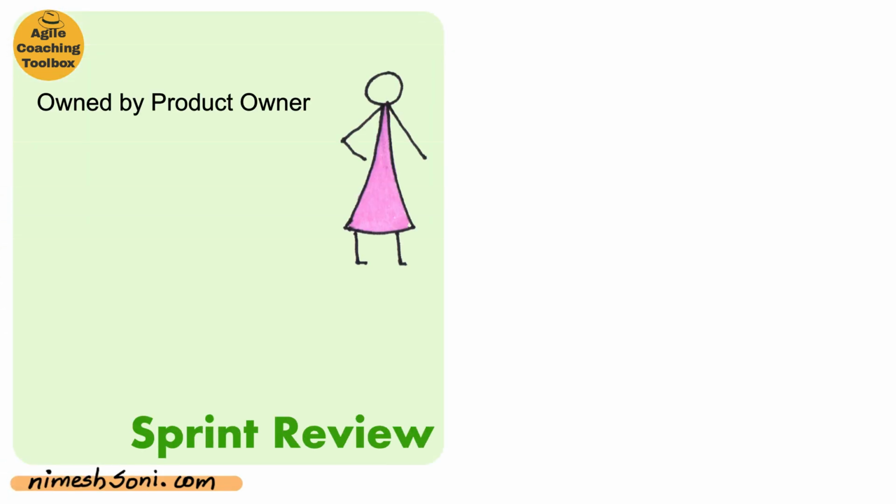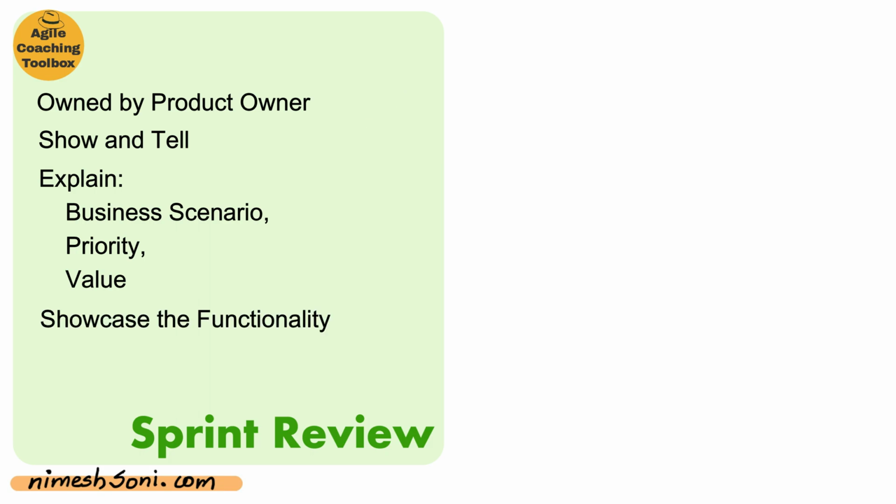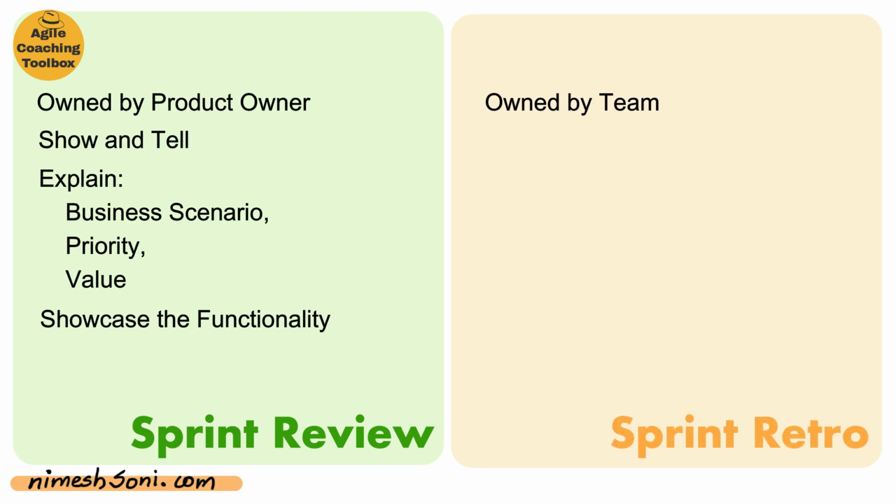So, let's join in. Sprint review as an event should be owned by the product owner. This is the forum for her to do the show and tell, explain the business scenarios, priorities, and value, as well as working in collaboration with the team, showcase the functionality that was built by the team. On the other hand, sprint retrospective is owned by the team.